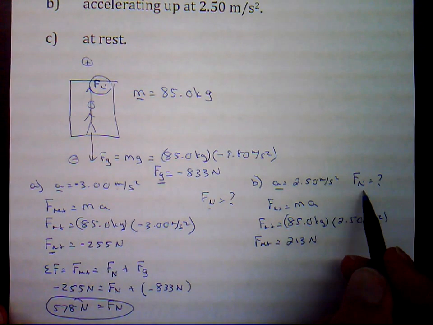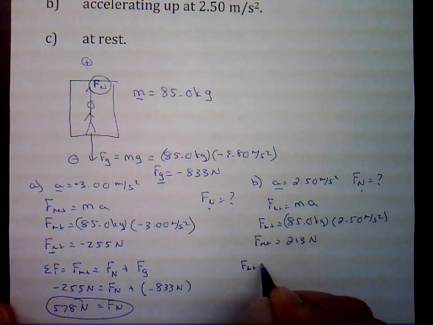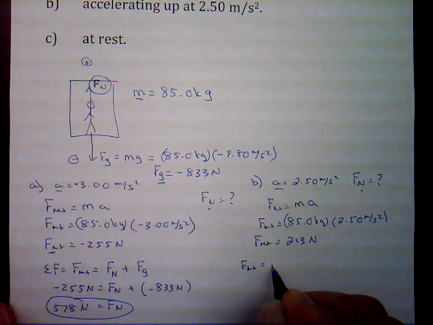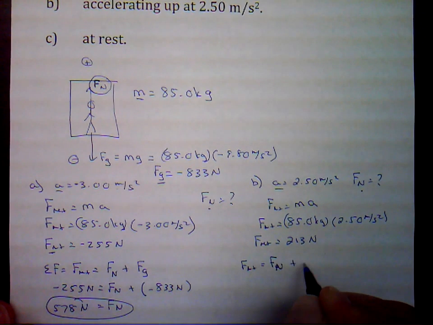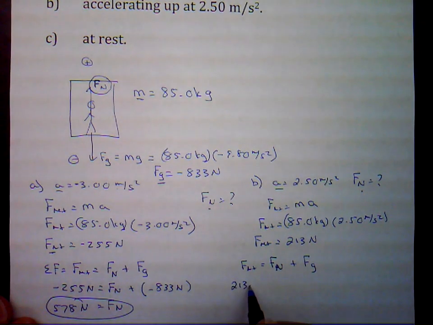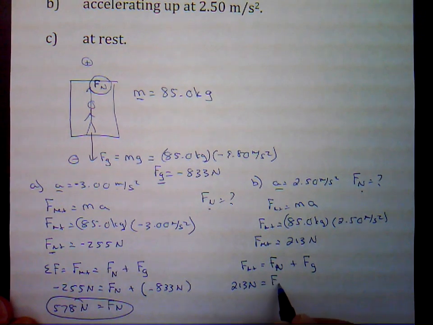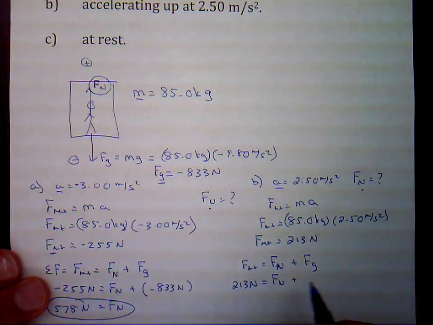We still want to solve for this normal force, so now we use the summation of forces. The net force, which is the same as the summation of forces, is equal to the sum of the vertical forces acting on the person in this case, which is the normal force plus the force of gravity. The net force is 213 newtons. We want the normal force. We know the force of gravity is still negative 833 newtons.